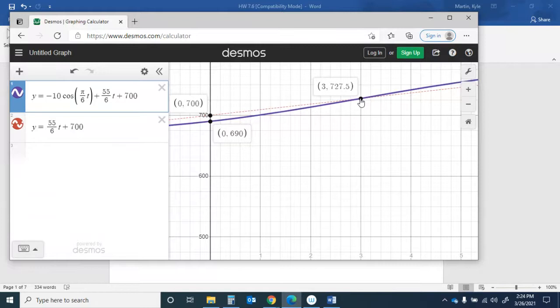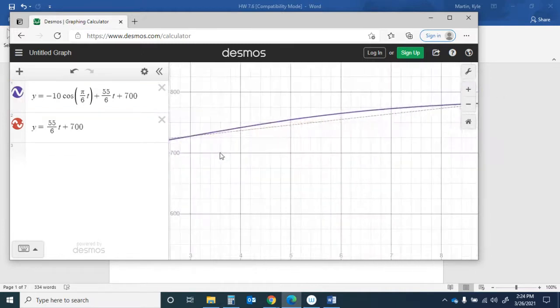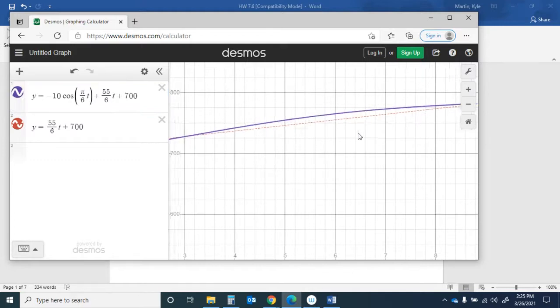And then here, 3 months later, you hit your average. It's kind of a rolling average. The average is always increasing. And then along about 6 months, you hit your peak, which is 10 above the midline. So that's 755, and this is 765. So I'm 10 above the rolling average.